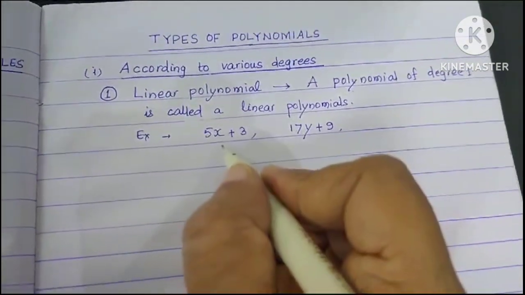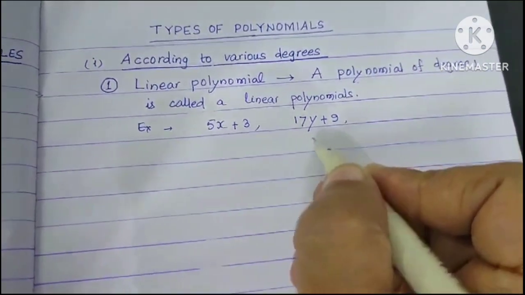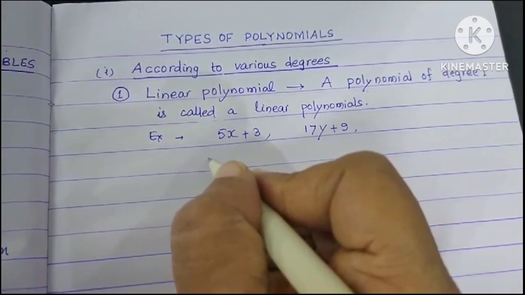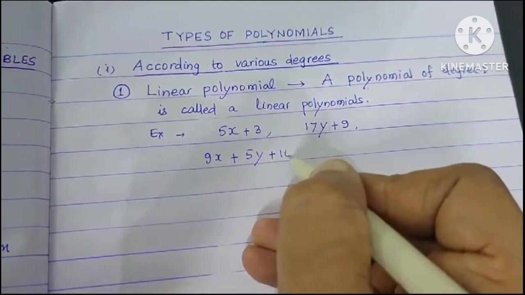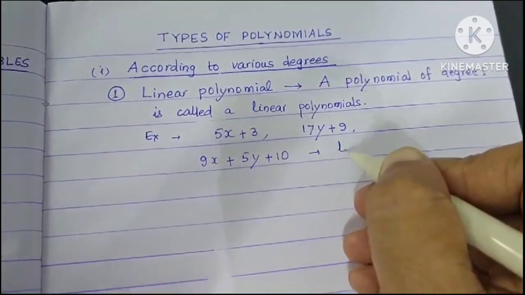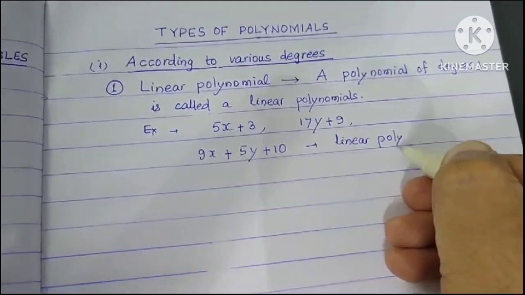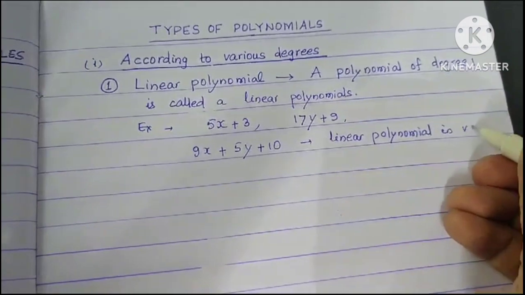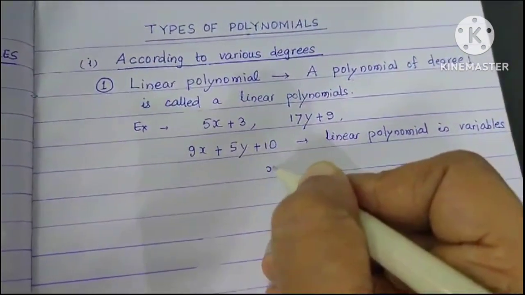This will be a polynomial in variable x, and this is a polynomial in variable y. You can write both in x and y, like 9x plus 5y plus 10. This will be a linear polynomial in variables both x and y.